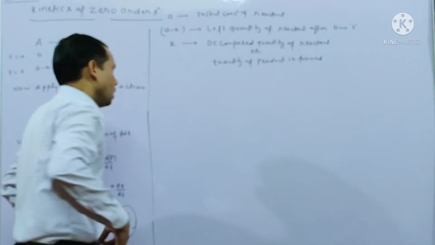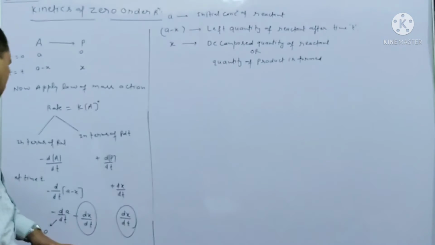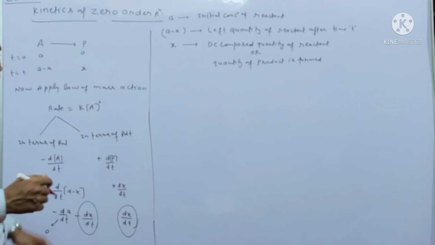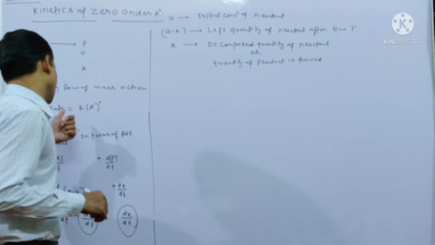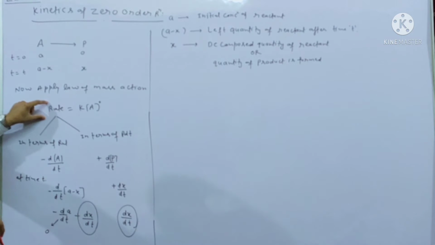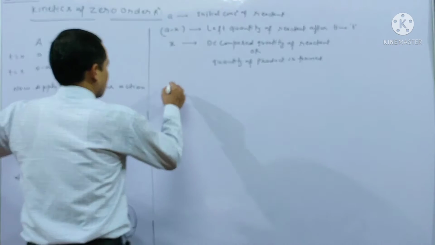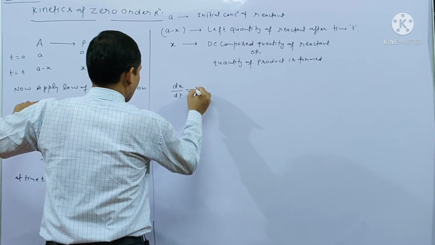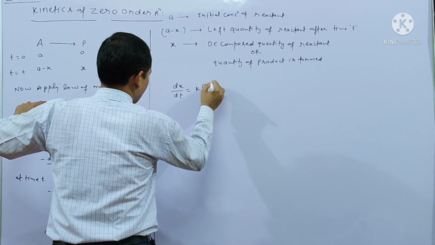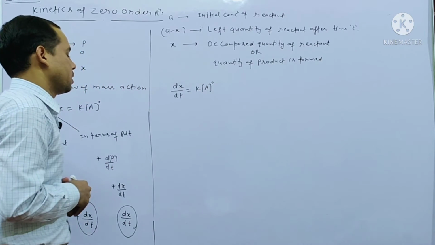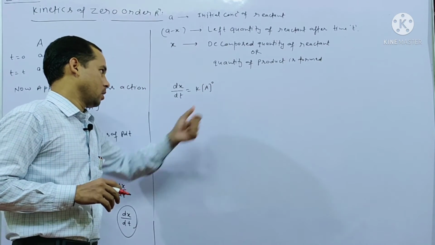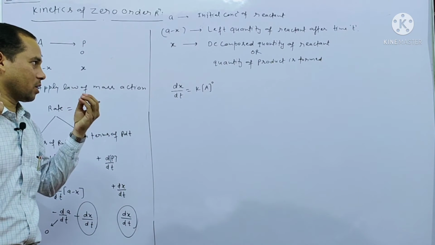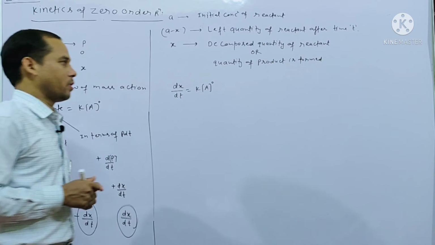Now, first of all, we get the rate equal to dx over dt. So in place of the rate, we can put dx over dt. So dx over dt equals k times the concentration raised to the power 0. If we raise the power 0 to any species or constant value, its value becomes 1, right?